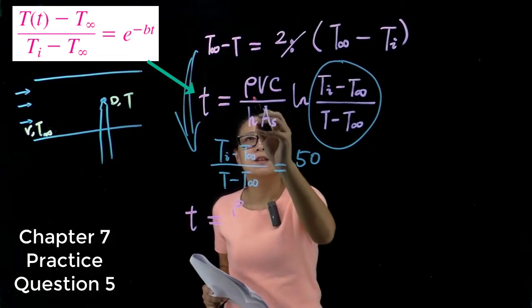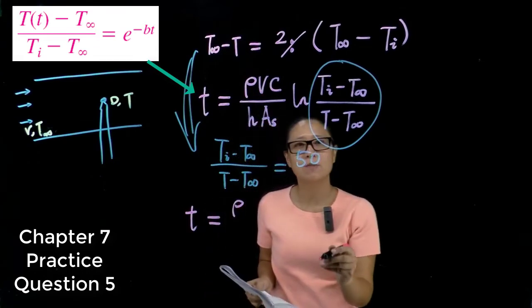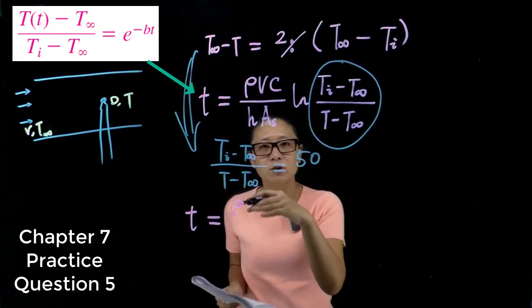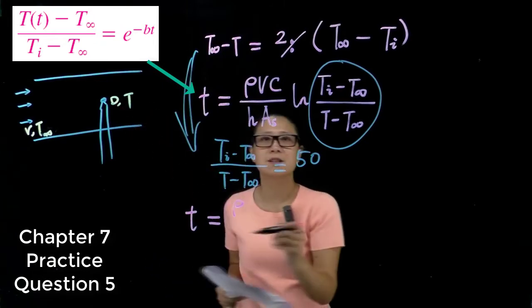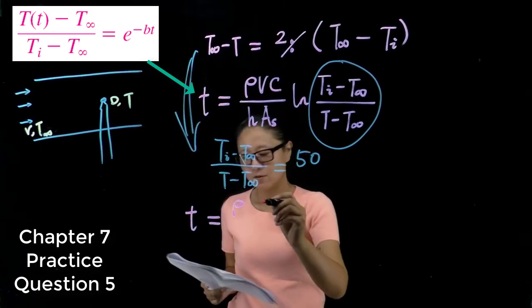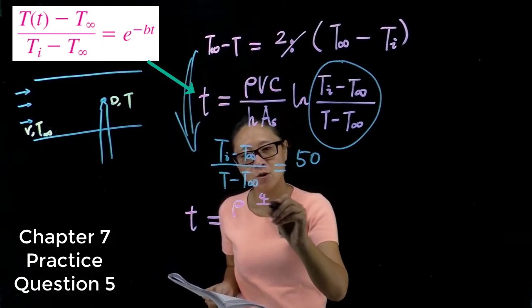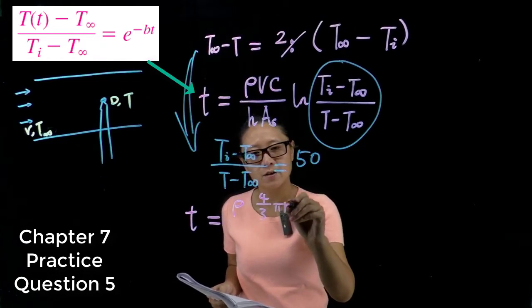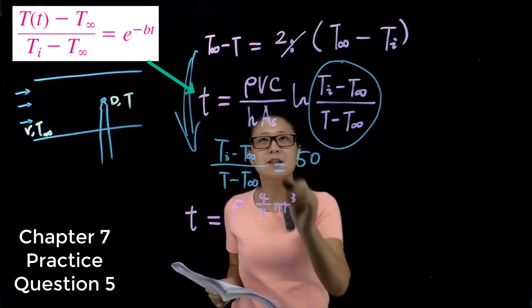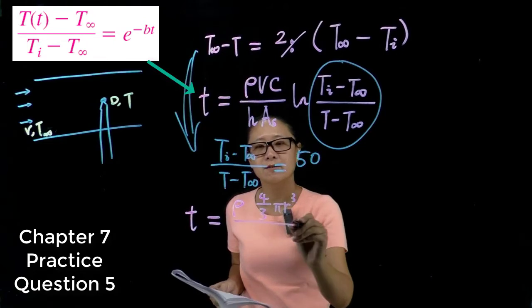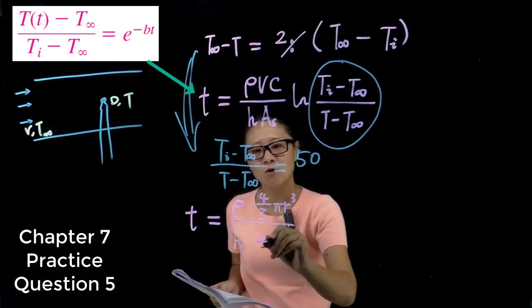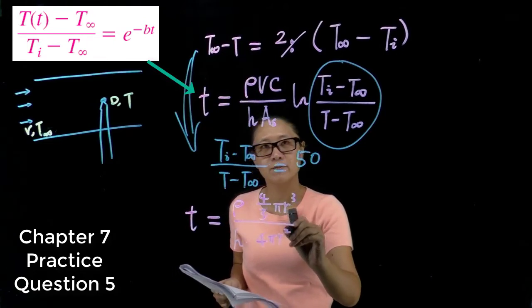Rho V is the volume of the spherical ball. We treat the thermocouple junction as a spherical ball. The volume is 4 over 3 pi r cubed, and the surface area is 4 pi r squared.